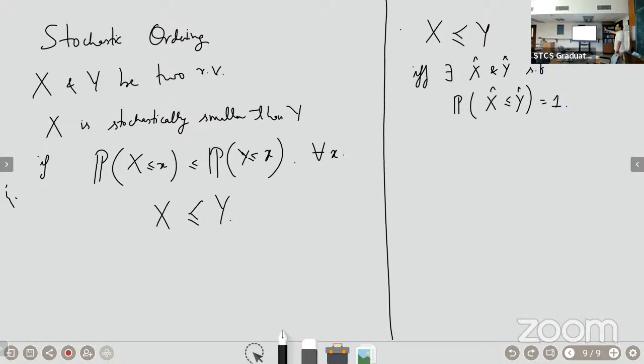There exists, don't say for every possible coupling, this is not. There exists at least one such coupling for which this holds. So this may not be true for X equal to X hat and Y equal to Y hat. So don't try for every possible coupling.